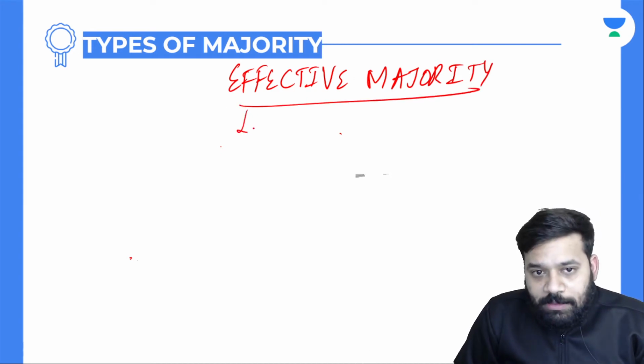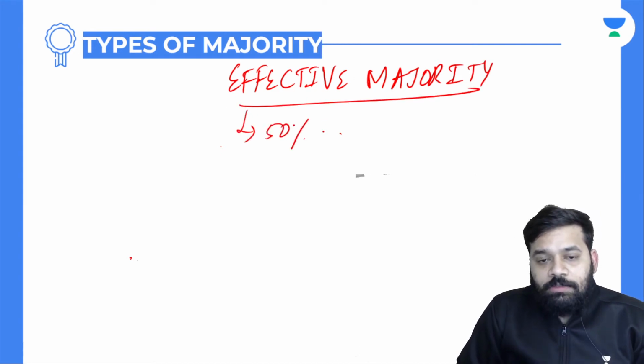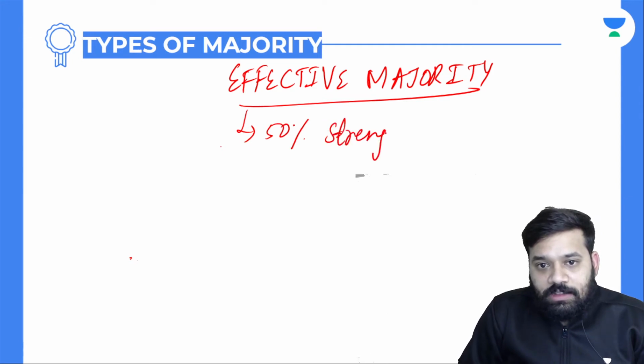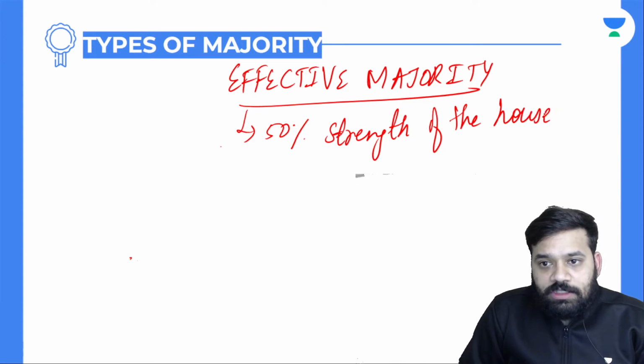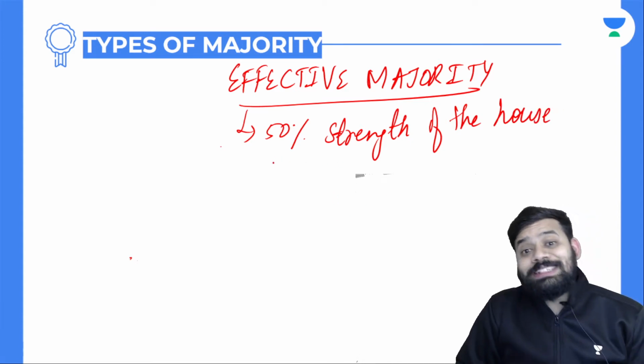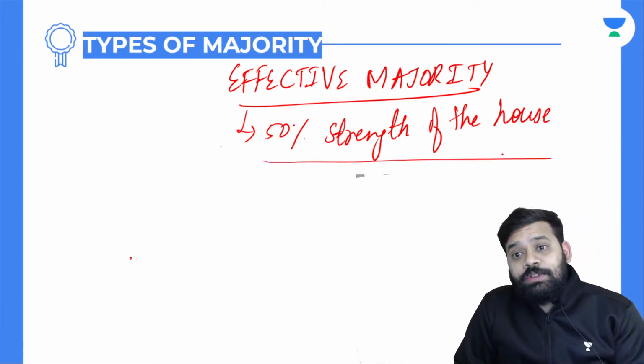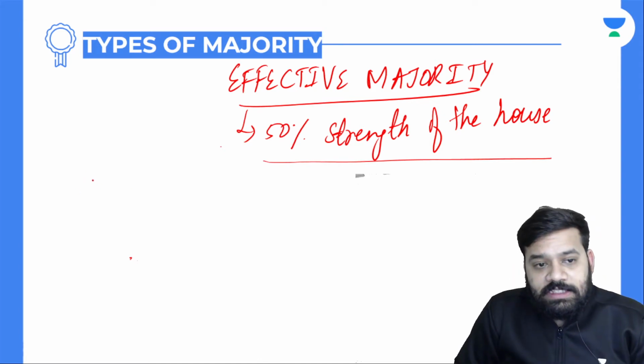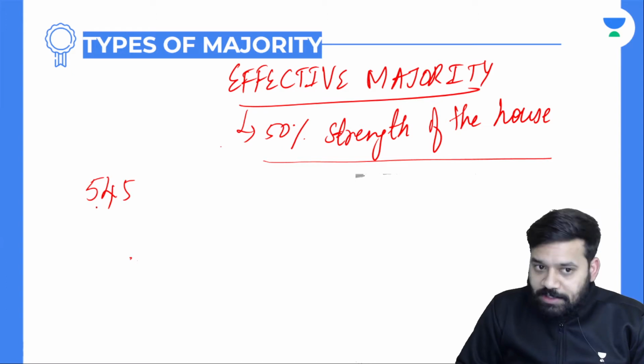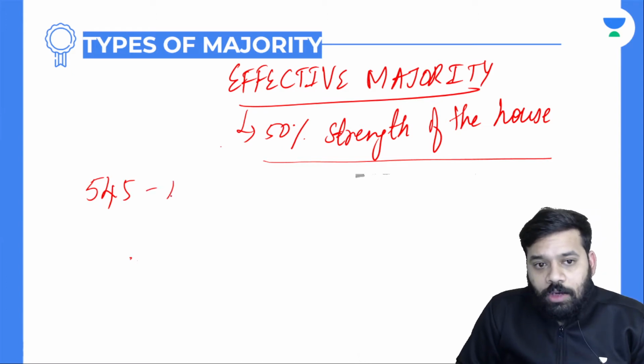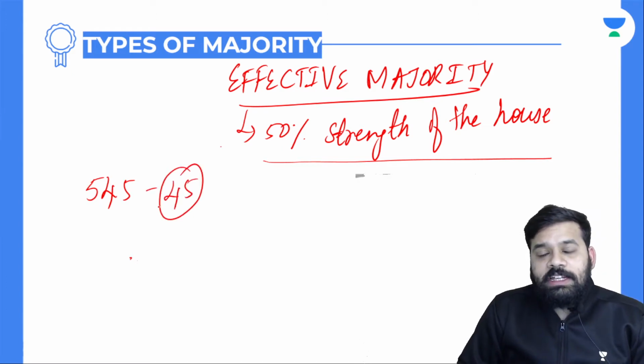In effective majority, it is going to be 50% strength of the house. Sir, even absolute majority is 50% of the absolute strength. Here it is 50% strength of the house. Sir, what's the difference, sir? Let us say there are 545 MPs or 545 seats. Out of this 45 seats, they might be vacant.